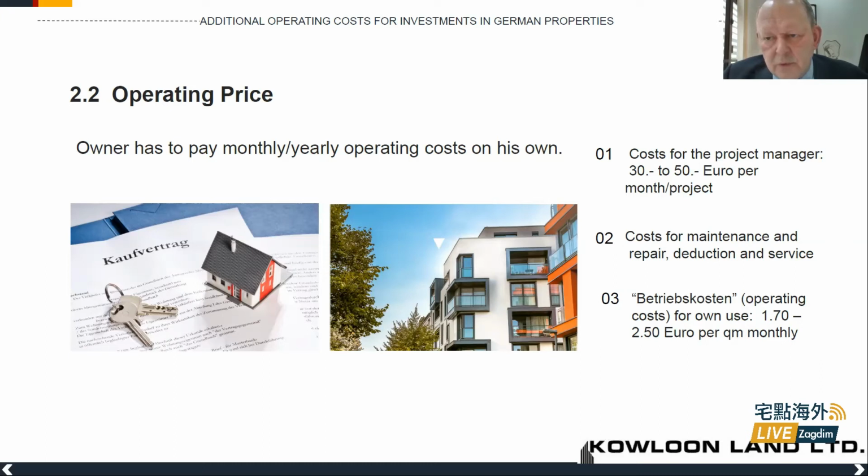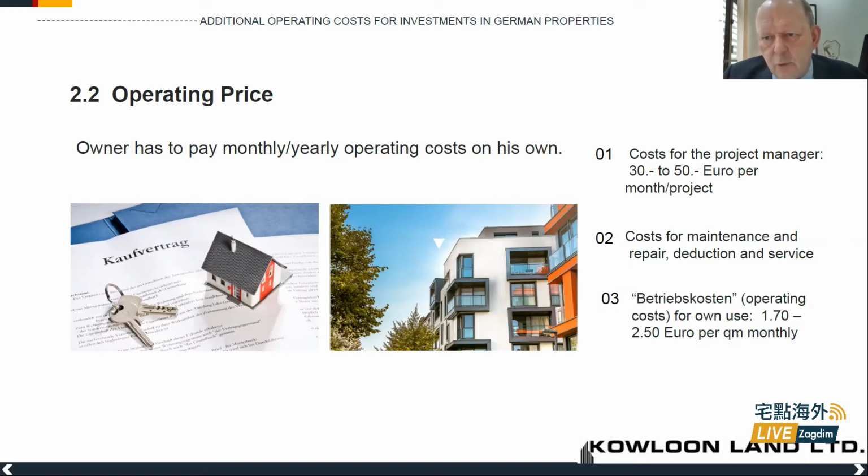But at the moment, the government in Germany is making new programs to reduce energy costs, so that the highest price of 2.50 euros will not be exceeded so much, or will not be exceeded at all. And so you can further calculate a maximum of 2.50 euros per square meter with your Betriebskosten, which is a German word. Mostly the Germans also say Nebenkosten.